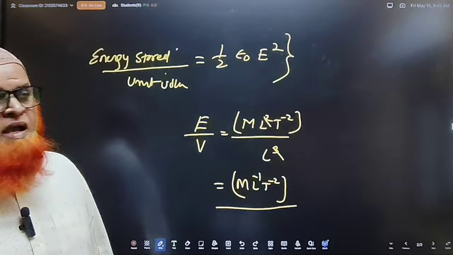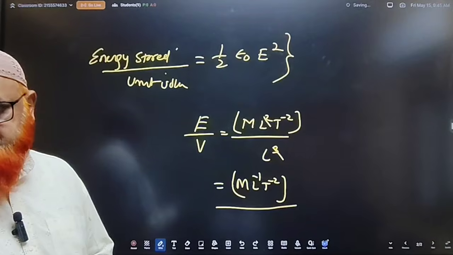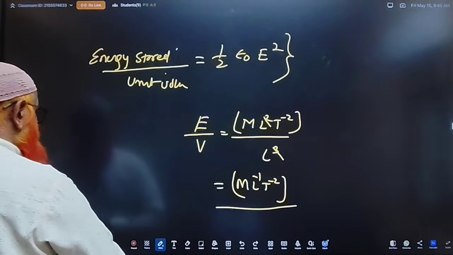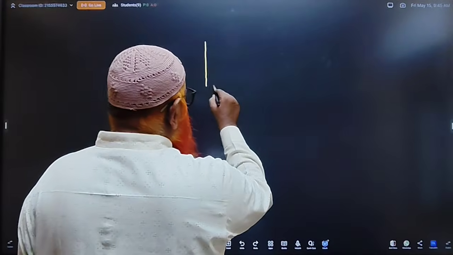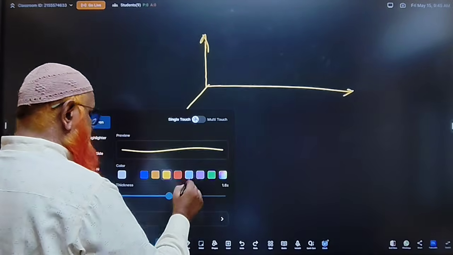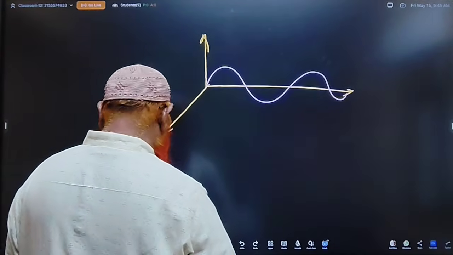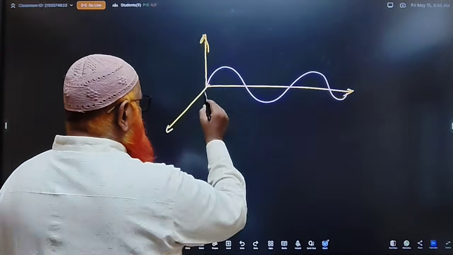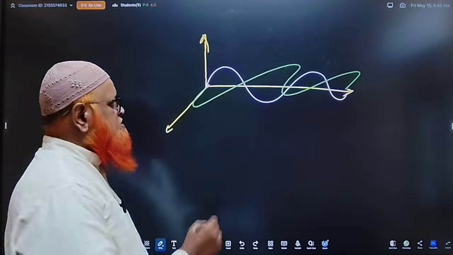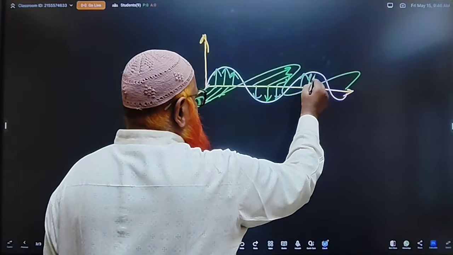Similarly, this formula is present in electromagnetic waves also. See, you know electromagnetic waves. What does it represent actually? Electromagnetic waves have two types of waves. One is called an electric wave which is traveling like this. Another is called a magnetic wave which is traveling in this direction. So in this direction magnetic wave and in this direction electric wave.